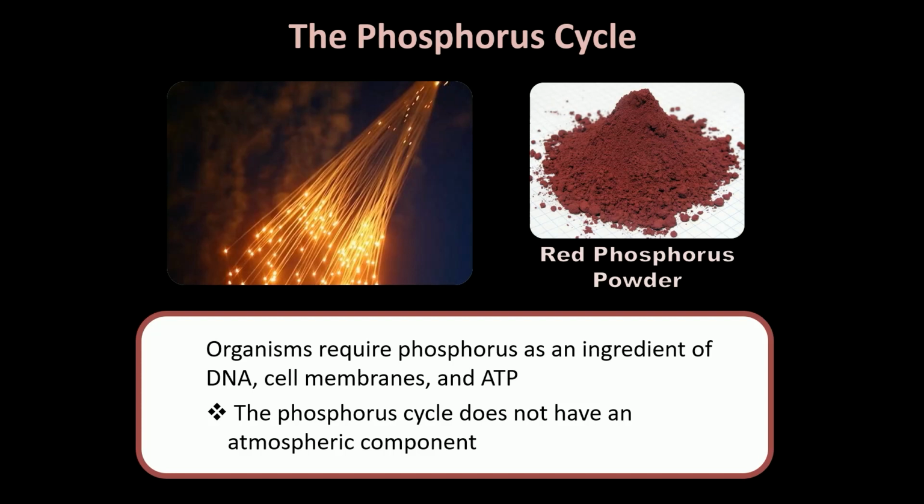The nitrogen cycle involved taking N2 from the atmosphere and fixing it with nitrogen-fixing bacteria into the nitrates in the soil. The hydrologic cycle involved evaporation and precipitation, exchanging water vapor with the atmosphere and bringing it back down to Earth. The phosphorus cycle has no atmospheric component whatsoever.